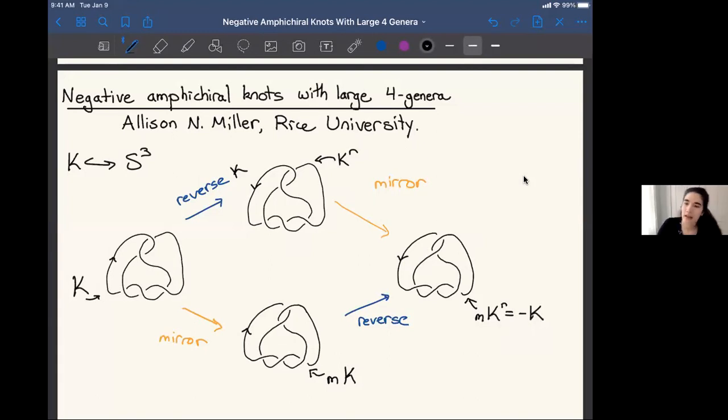So there's sort of a single mirror reverse knot, which it's popular to call, at least if you like concordancy things, minus K. And so we say that a knot is negative amphichiral if K and its mirror reverse are ambiently isotopic. And whenever I write equals for knots, I mean are ambient isotopic. Okay. And we'll come back to more examples of this later.